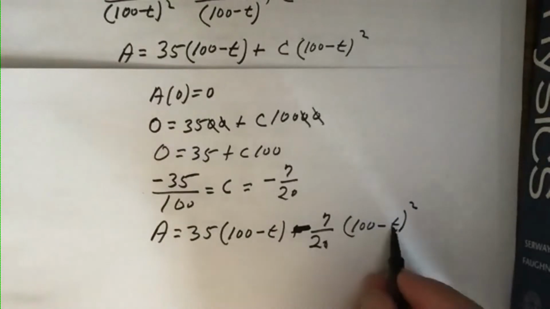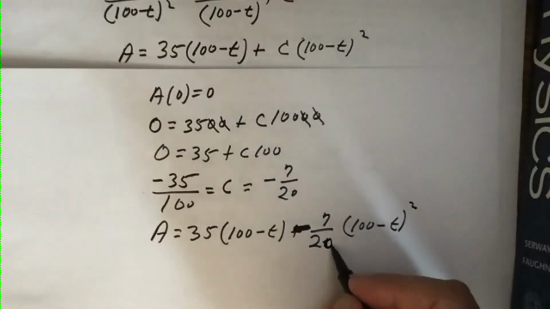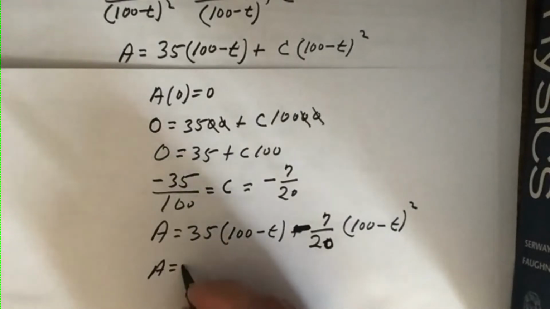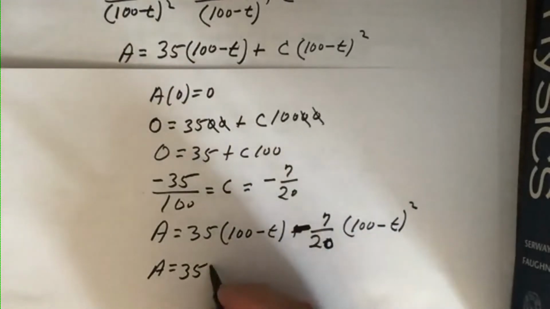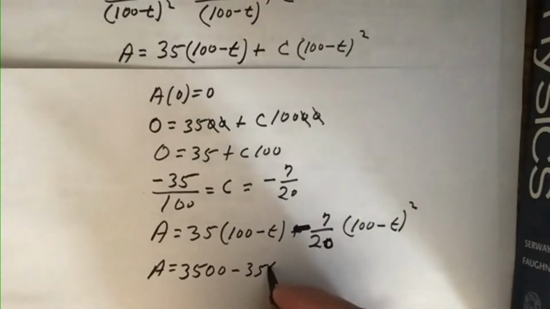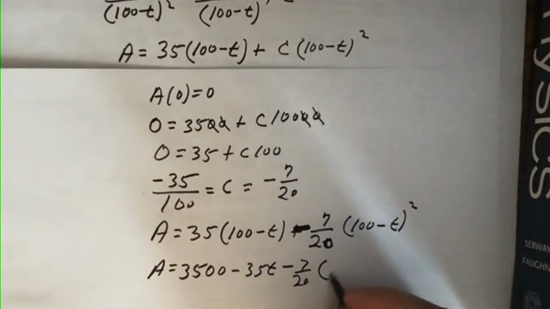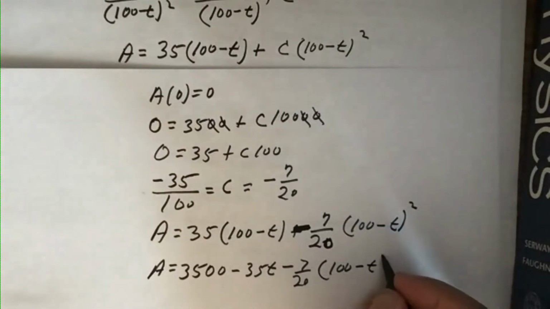Excuse me, it's not t squared, it's all the parentheses squared. So you can write it like that. I think the answer key wrote it, you know, WebAssign should accept it like this, but the answer key had this form. I think that's what the answer key had.